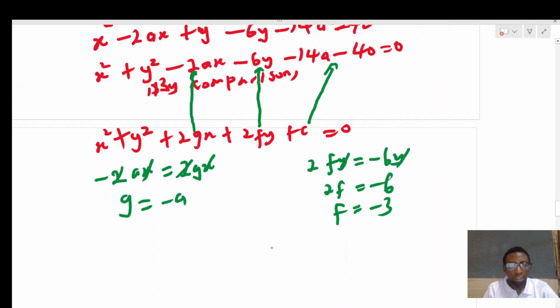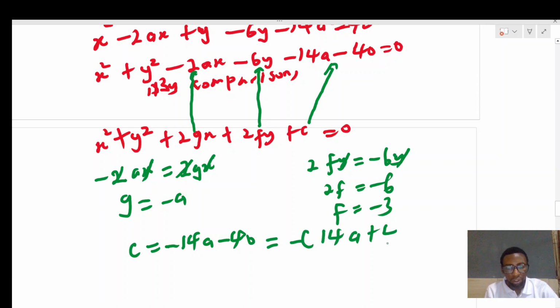Then if I compare again, c equals minus 14a minus 40, which I can change to minus bracket 14a plus 40.